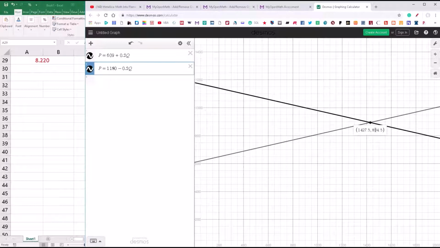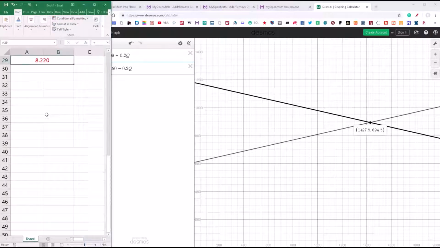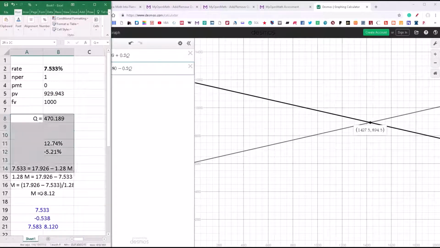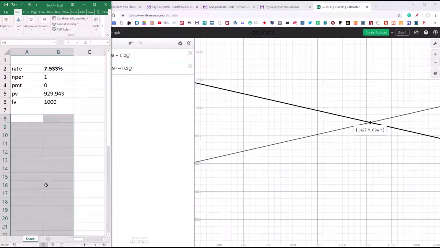The equilibrium price in this market is 894.5. I'll scroll it back up here and delete all this stuff. So the price is $894.50. The quantity is 1,427.5 billion.